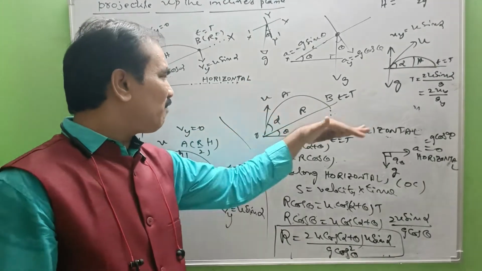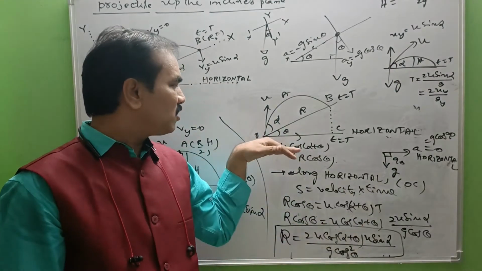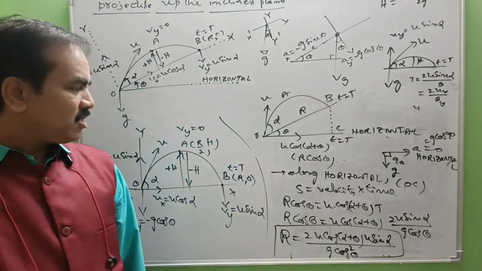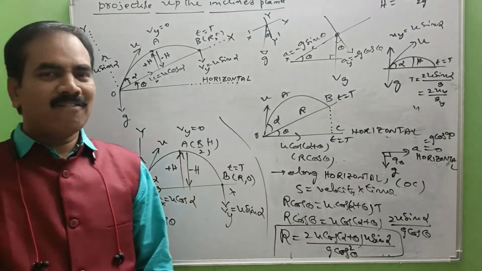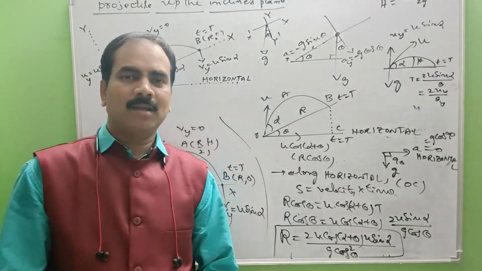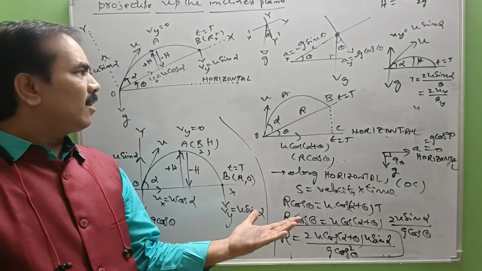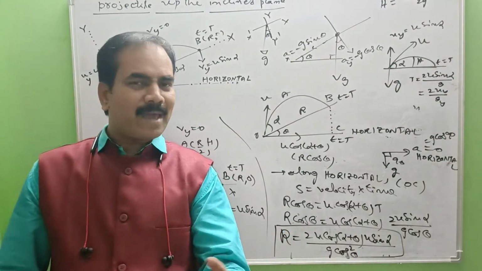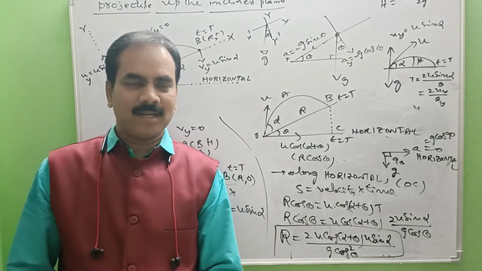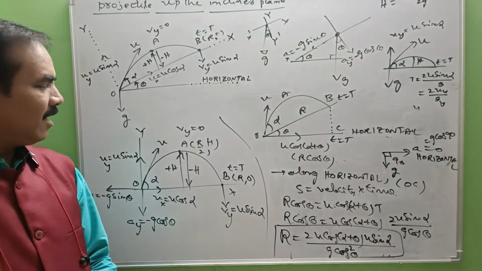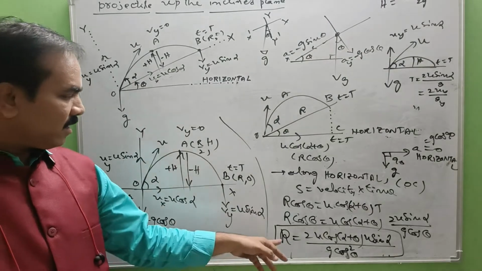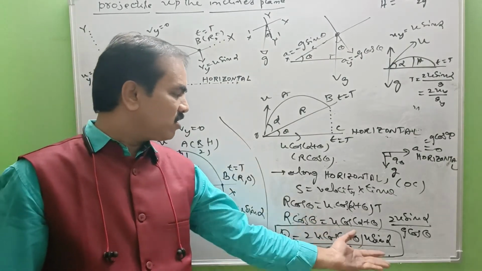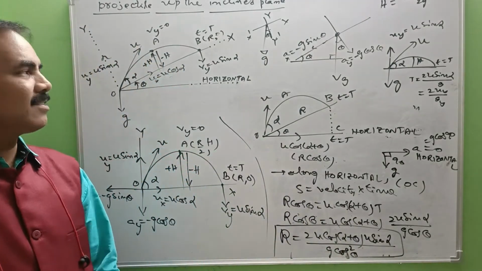The component of U along horizontal, towards OC, is U cos(alpha plus theta) into time of flight. So that's how one can find expressions for all three: time of flight, maximum height and range. So what is the expression for range here? 2U cos(alpha plus theta) into U sin alpha by g cos square theta.